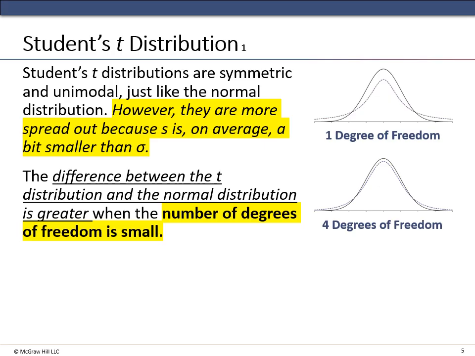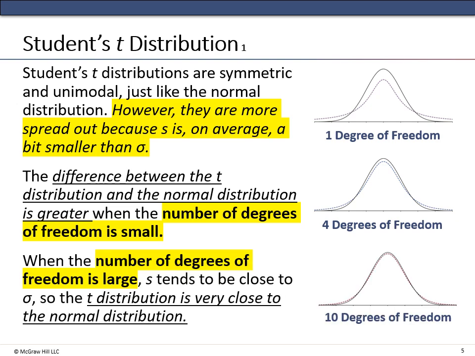The difference between the t-distribution and the normal distribution is greater when the number of degrees of freedom is small. When the number of degrees of freedom is large, the sample standard deviation tends to be very close to the population, so the t-distribution is very close to normal.